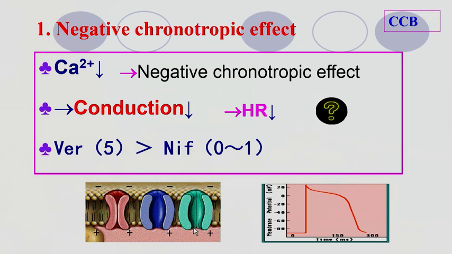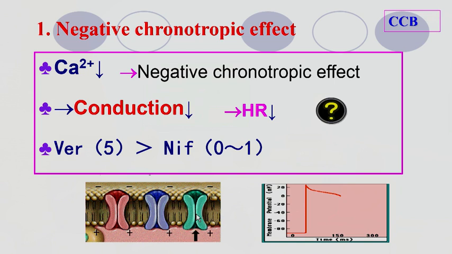So later we can use CCB to treat which kind of disease? Tachycardia. Yes or no? Yeah. Because negative chronotropic action inhibits conduction and heart rate, later we will use CCB to treat tachycardia.